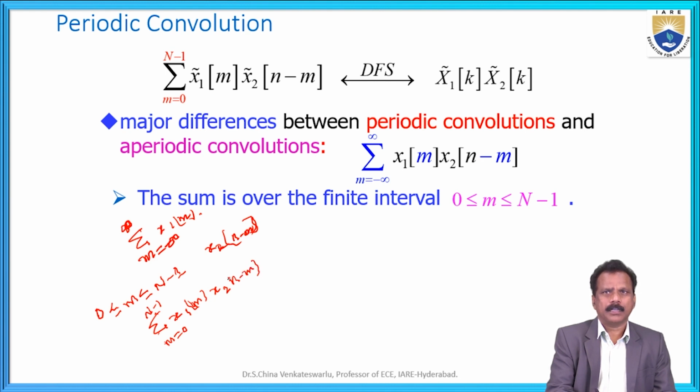After applying the DFS, the discrete Fourier series, we verify the effect: the periodic convolution becomes x1 of k, the DFT, times x2 of k.